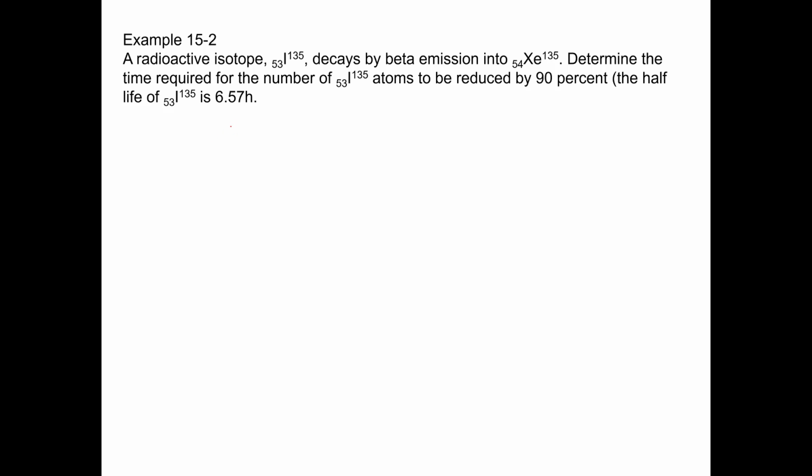So again, you want the number of isotopes over the initial to be 10% of where they started, if you want to reduce it by 90%.